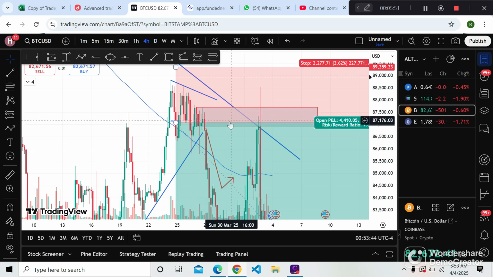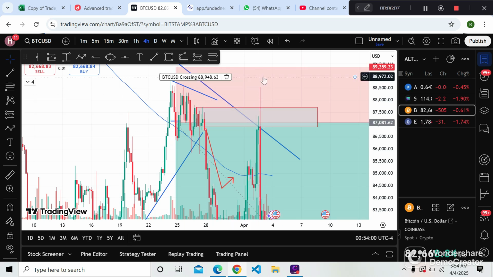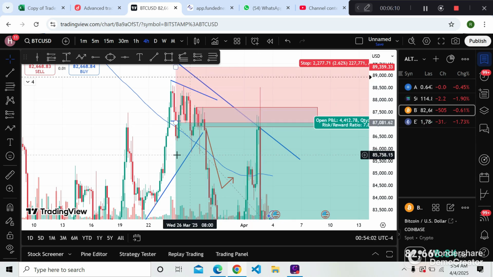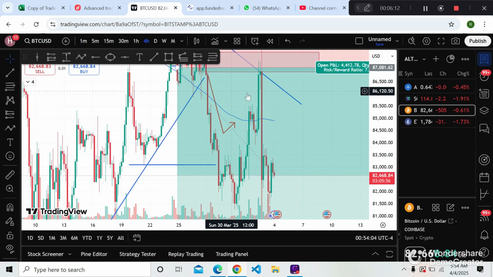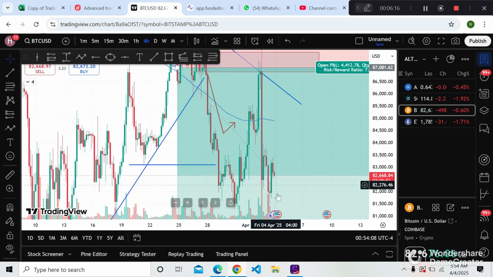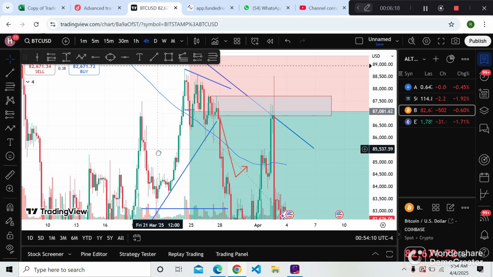So you can see that when price went to this level, a potential institutional level where institutions had previously made their entry to sell, the retracement made a very big spike from this level and dropped down with an even bigger institutional candle and moved to the downside. And ever since, price has been bearish, going to the downside.